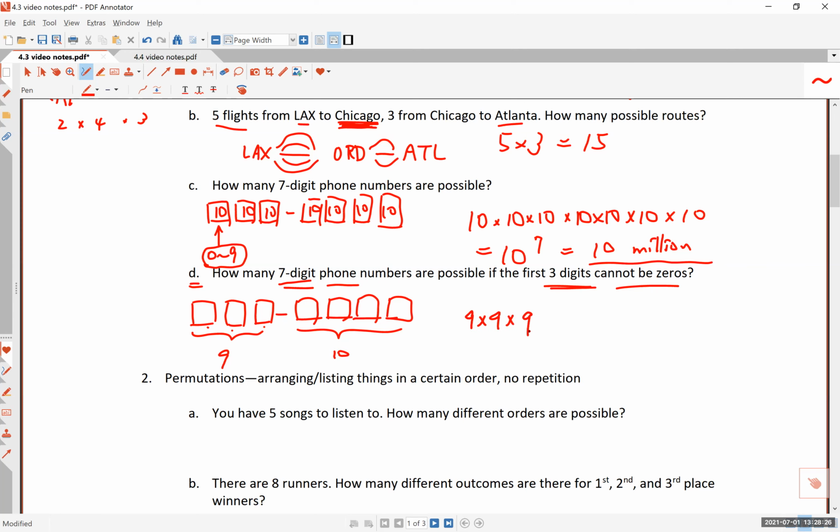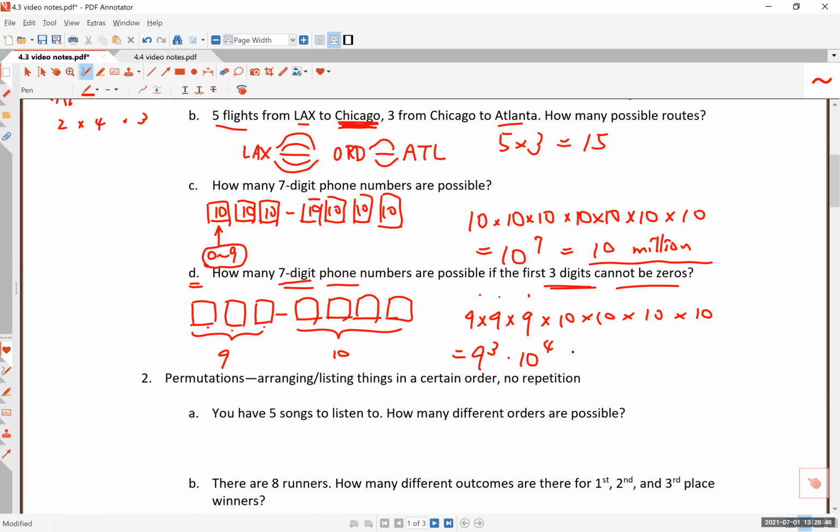This time it's going to be the multiplication rule applied, but 9 times 9 times 9 times 10, 10, 10, 10. Because for the first 3 digits, you have to exclude the number 0. So this is 9 cubed times 10 to the 4th.